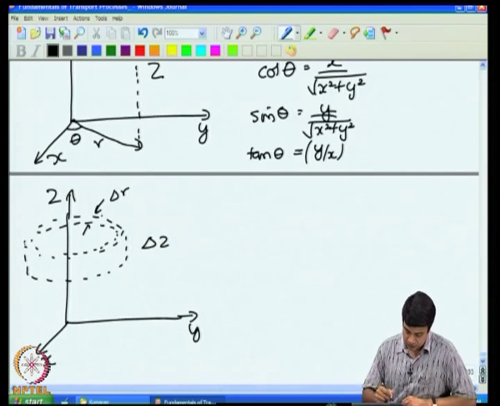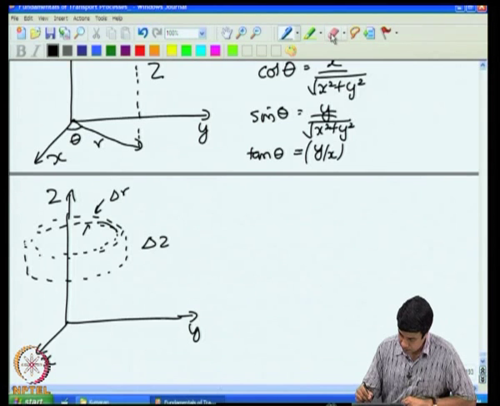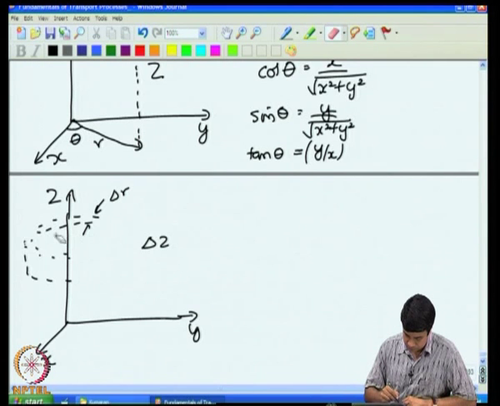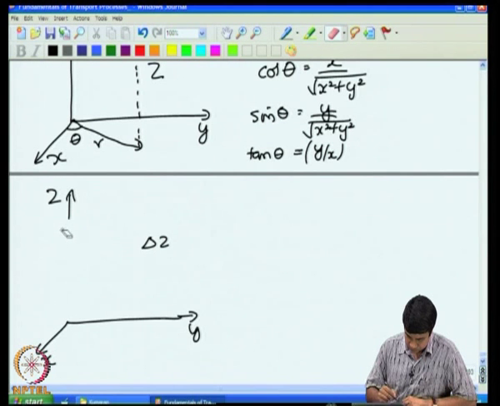That means that the differential volume I consider has to be of this form.